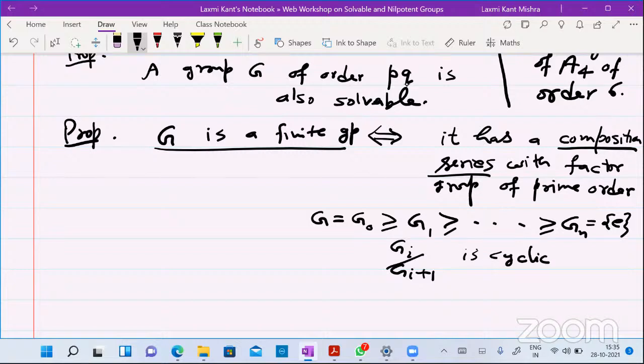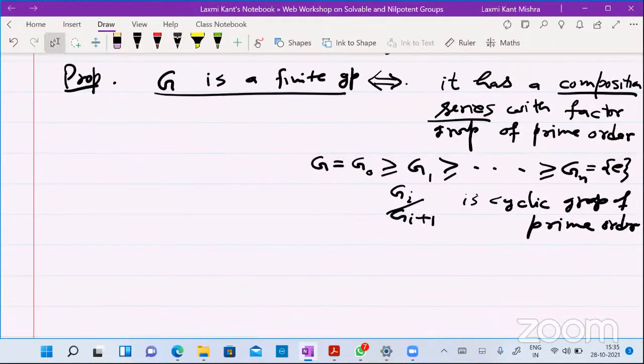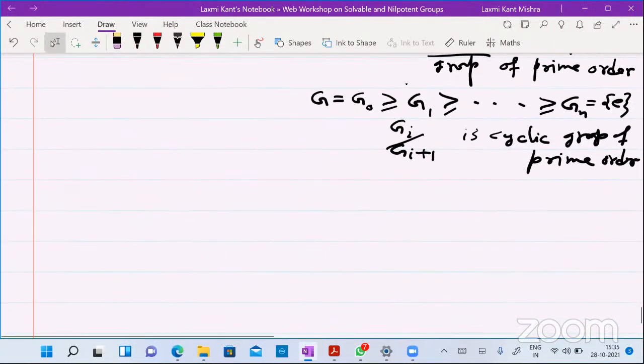Obviously, every group of prime order is cyclic. So a cyclic group of prime order. This is another result, and I'm not going into its proof.